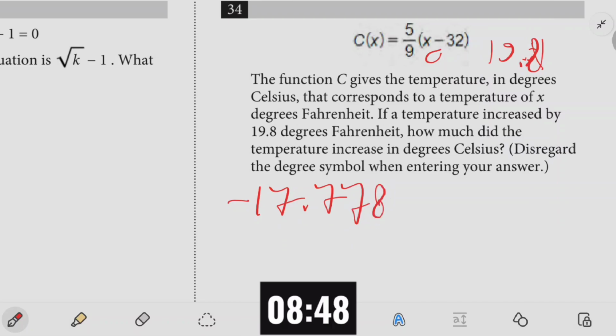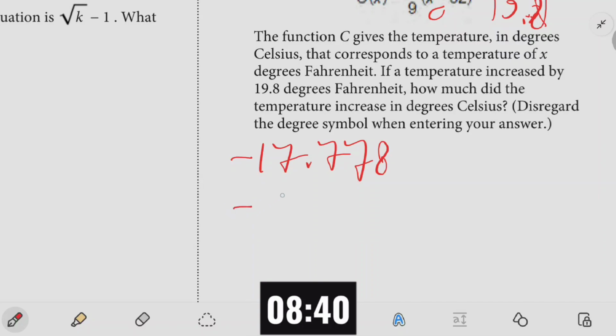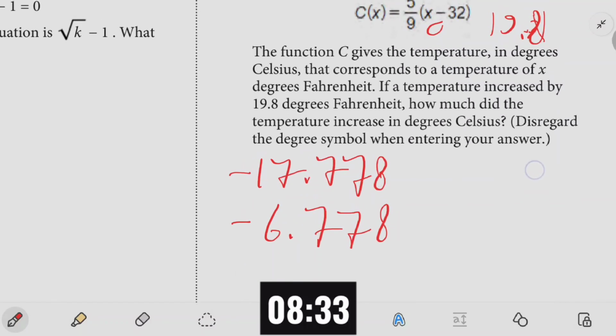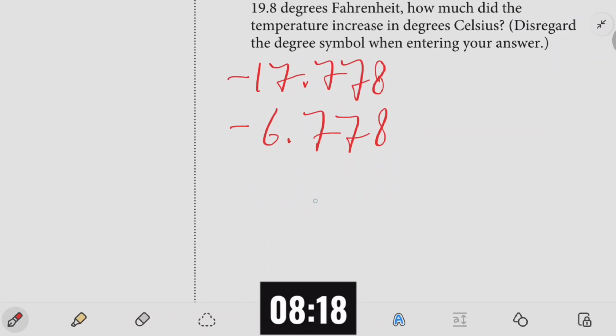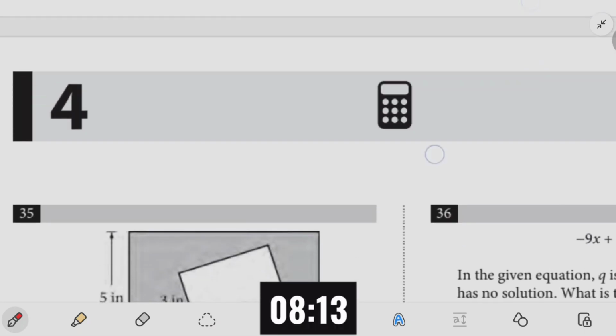And then if we plug in 19.8 times 5 divided by 9, we get. So, how much did the temperature increase? If it increased by that much, that minus that. It increased by 11. Okay, we'll come back to that one later.